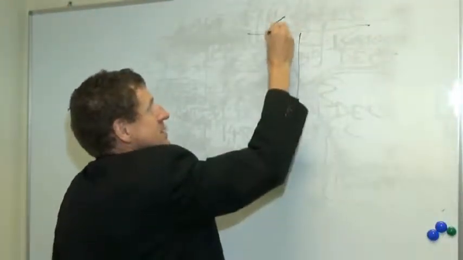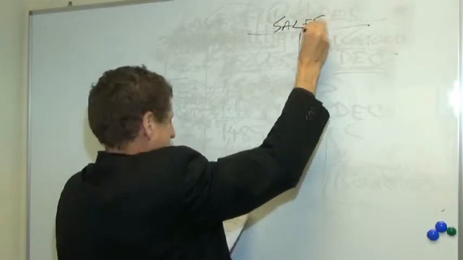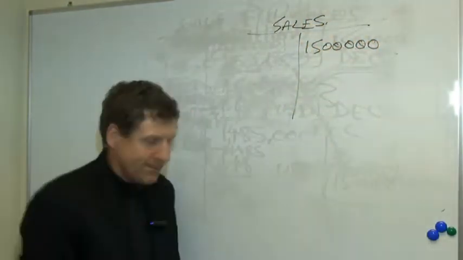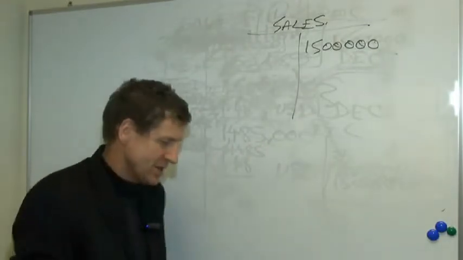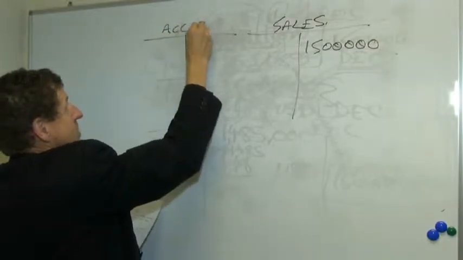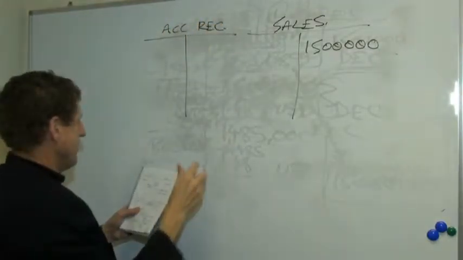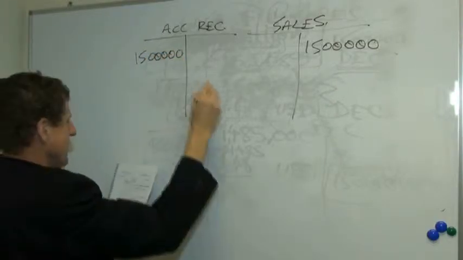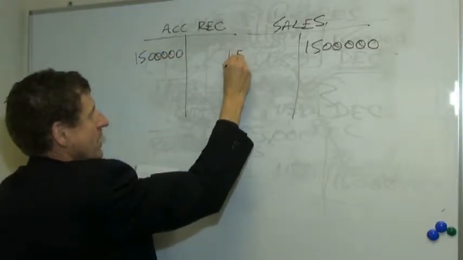We've got our sales, and we've got lovely sales. We're still hoping that we will get 1.5 million US dollars. We do. All right, then we've got our accounts receivable. Now remember, we're booking this at the current exchange rate, which is the spot exchange rate, 1.5.